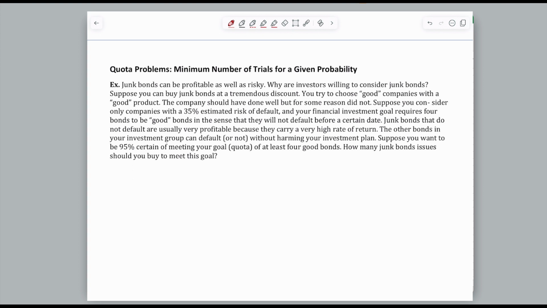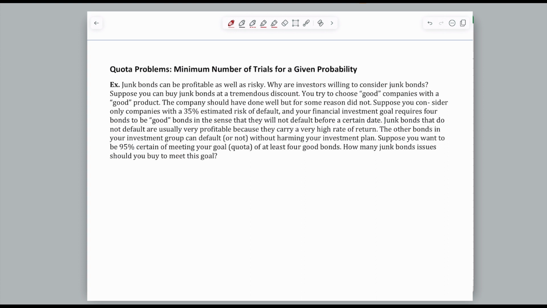Junk bonds can be profitable as well as risky. Why are investors willing to consider junk bonds? Well, suppose you can buy junk bonds at a tremendous discount. You try to choose good companies with a good product. The companies should have done well, but for some reason did not. Suppose you consider only companies with a 35% estimated risk of default, and your financial investment goal requires 4 bonds to be good bonds, in the sense that they will not default before a certain date.